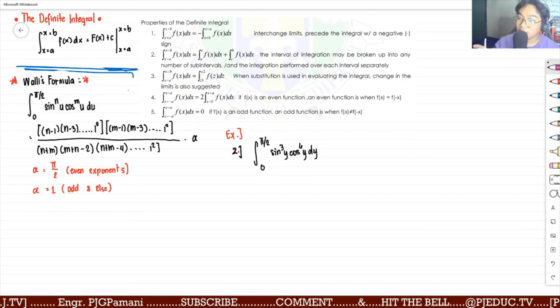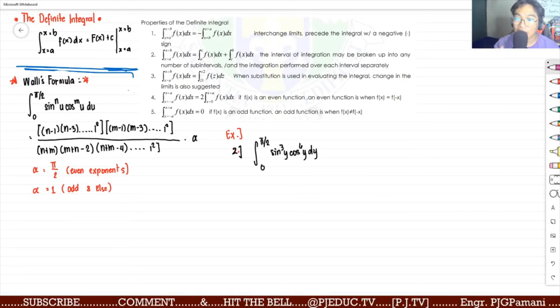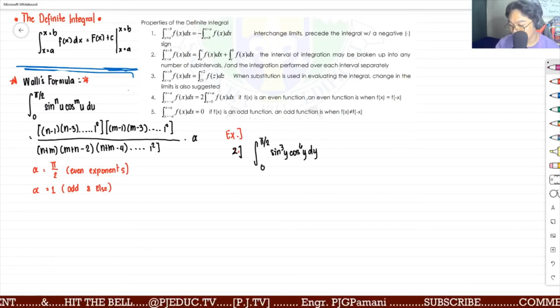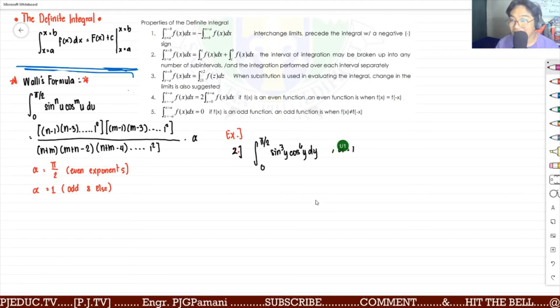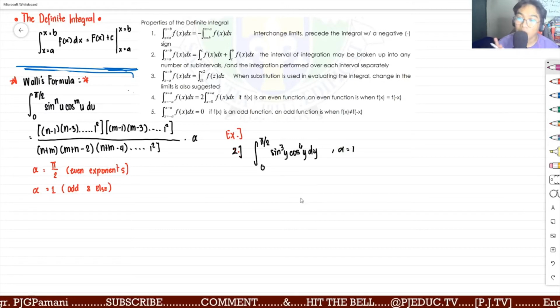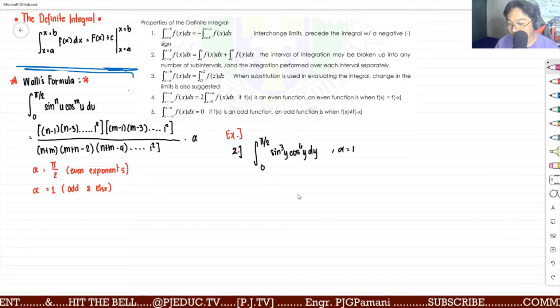Either way around, if it is odd or mixed odd and even, laging ang alpha multiplier natin is simply equal to 1. Kung odd lang, 1 pa rin. Kung mix ng odd at even exponent, 1 pa rin. Kung even lang, both n and m are even exponent, laging pi over 2.